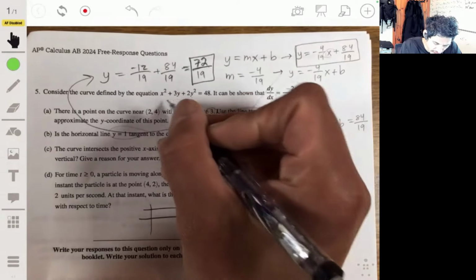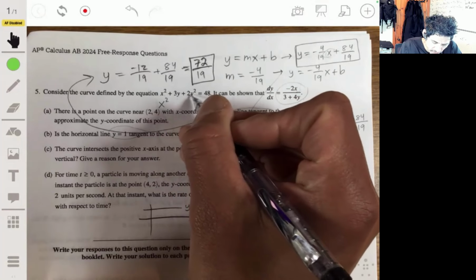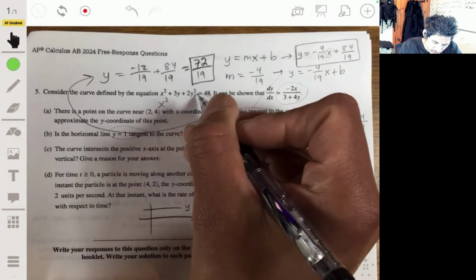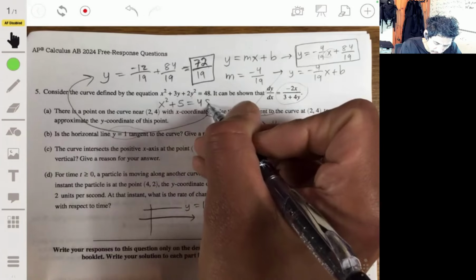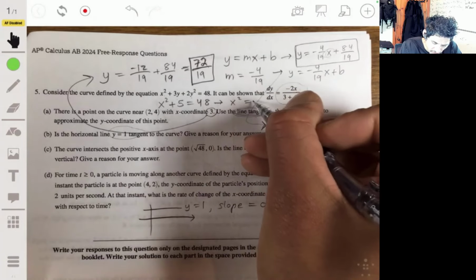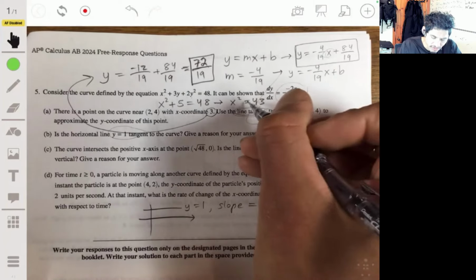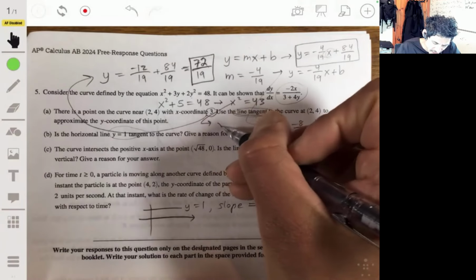But you can see right away that you're not, because you're going to get x squared plus 3 plus 3 times 1 plus 2 times 1 squared. So x squared plus 5 equals 48. And you're going to get x squared equals 43, or x equals the square root of 43. Another weird answer.